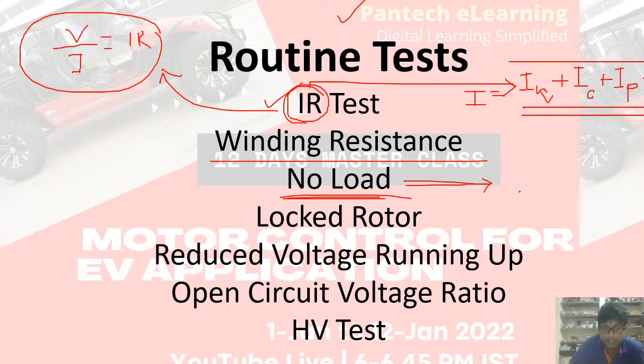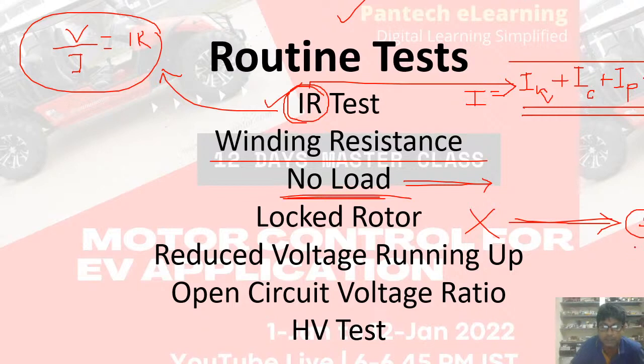The lock rotor test means you have to lock the rotor. Already we learned that if you lock the rotor, the entire machine works as a short circuit, so very quickly it will start to draw the rated current.